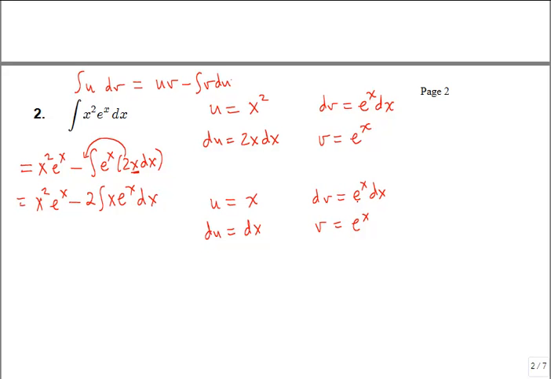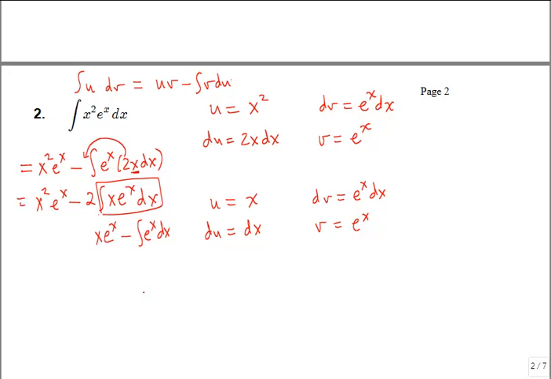So applying the formula again, but now to this, gives me u times v, so x times e to the x, minus the integral of v du, so e to the x dx.